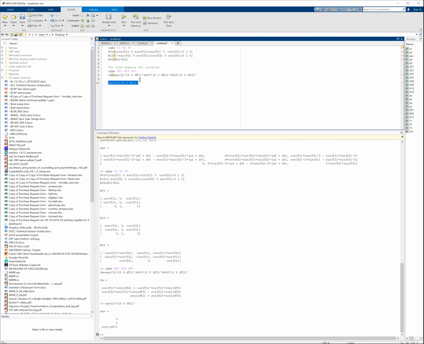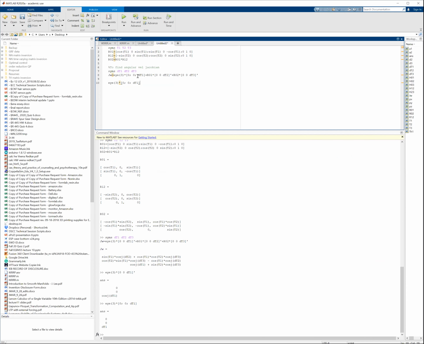Oh, it does conjugation. So rather than transposing the vector, this is the command that you should be using.